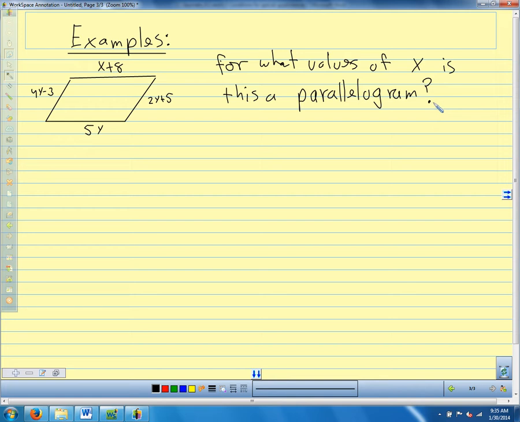So we know we have a quadrilateral. We want to say if these sides have these measurements, what would make it a parallelogram? So what do we need to know about the sides of the quadrilateral for it to be a parallelogram? Each pair of opposite sides has to be congruent.